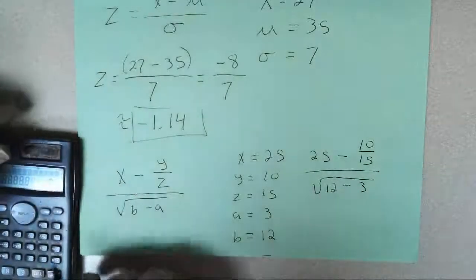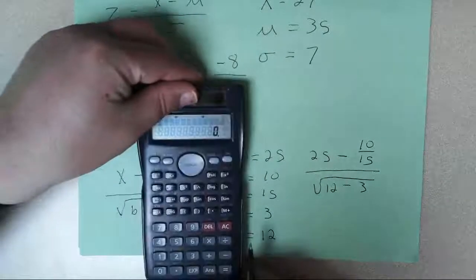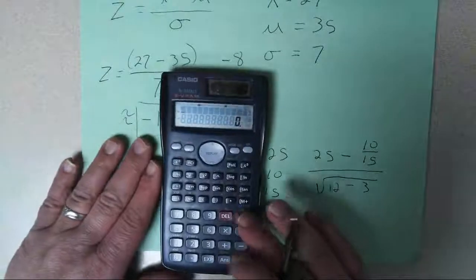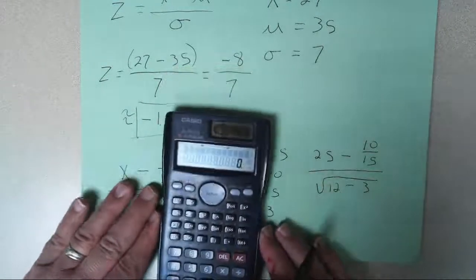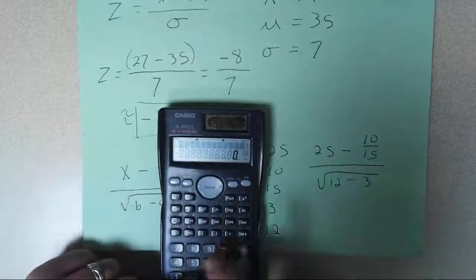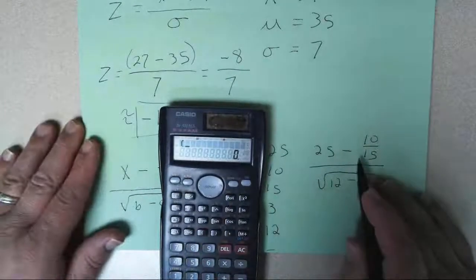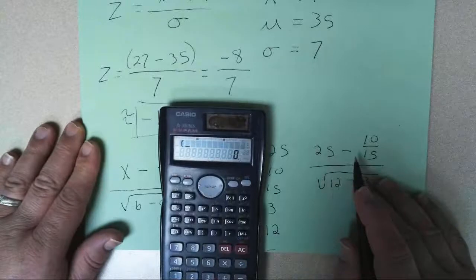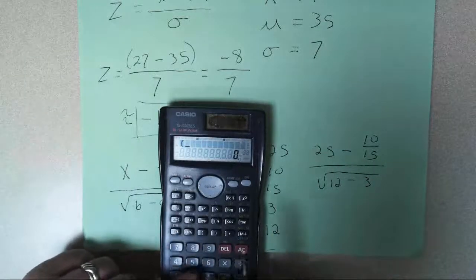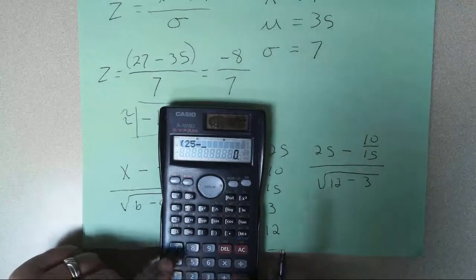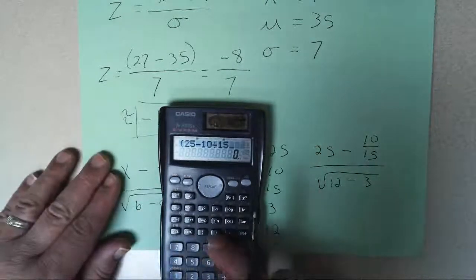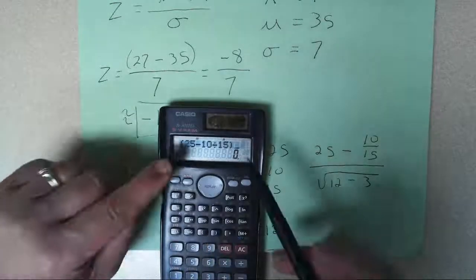Okay, now let's figure, I'm going to type this in my calculator. So this top portion is going to all need to be in parentheses, because then I'm going to divide it by the bottom. Okay, so I'm going to do 25 minus 10 divided by 15, and then end the parentheses.